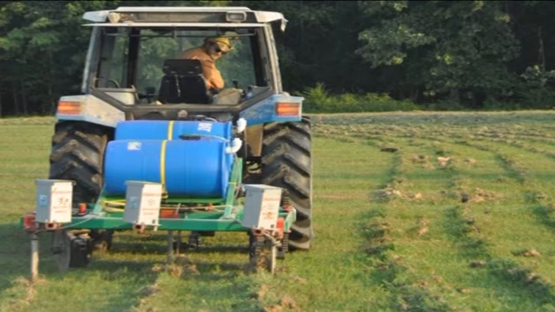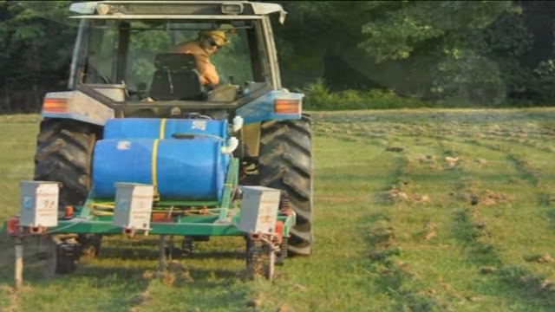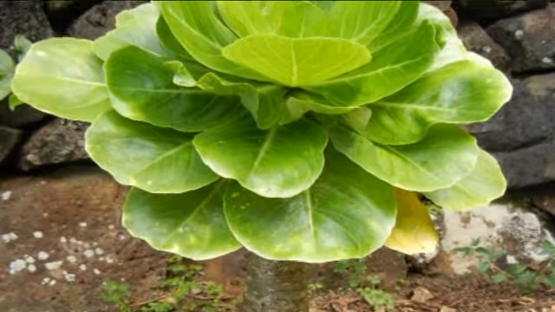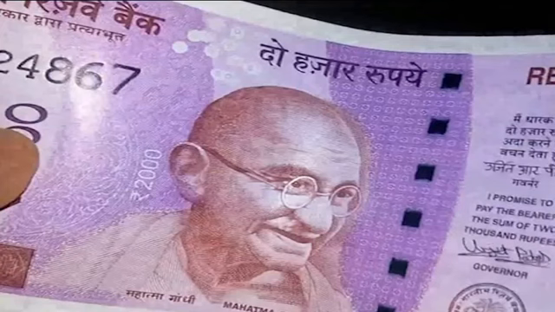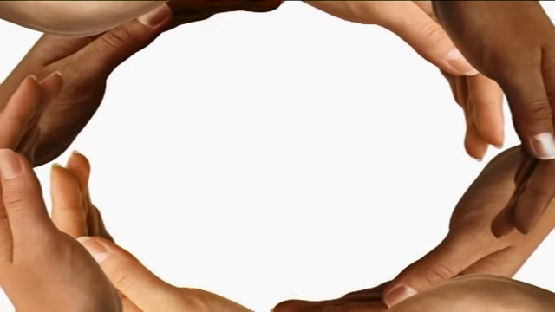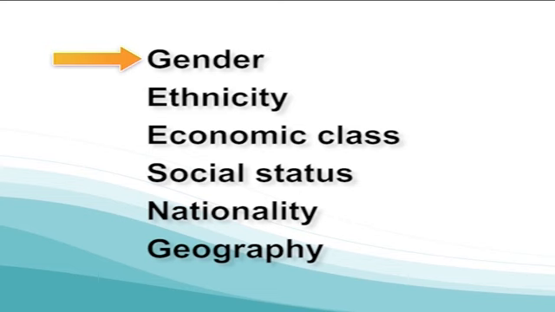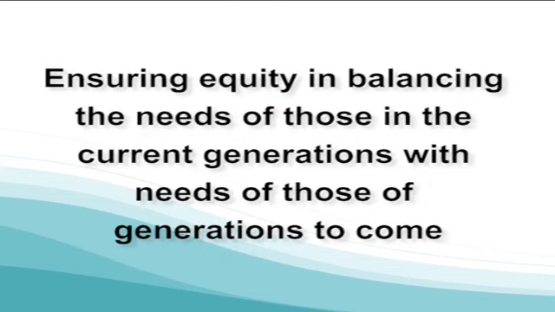Human responsibilities necessary for long-run sustainability include ensuring economic opportunity and social equity among people who differ with respect to gender, ethnicity, economic class, social status, nationality, geography, and ensuring equity in balancing the needs of those in the current generations with needs of those of generations to come.